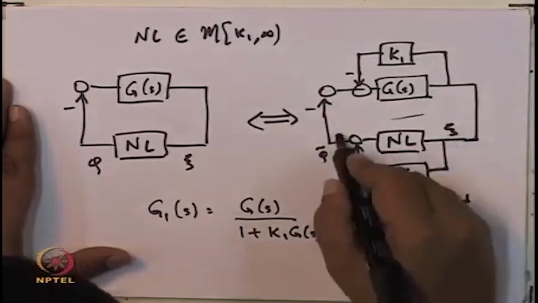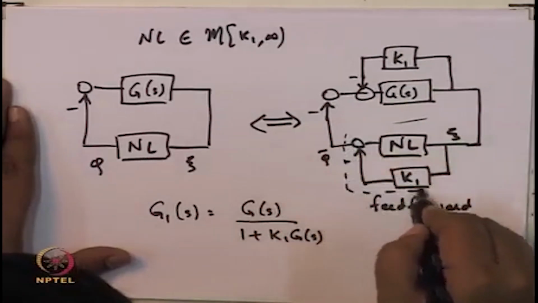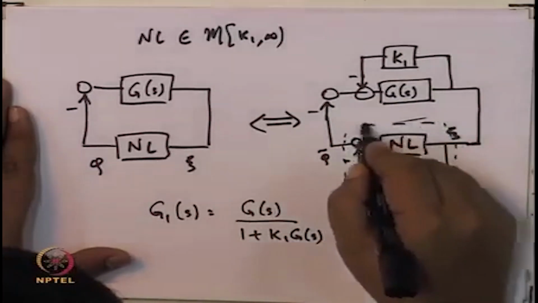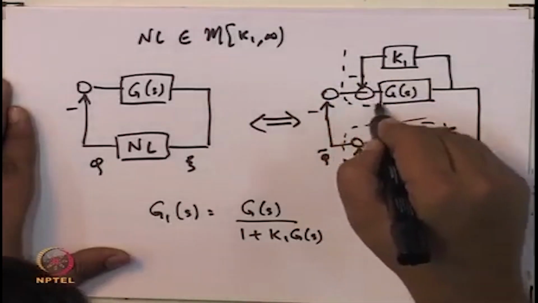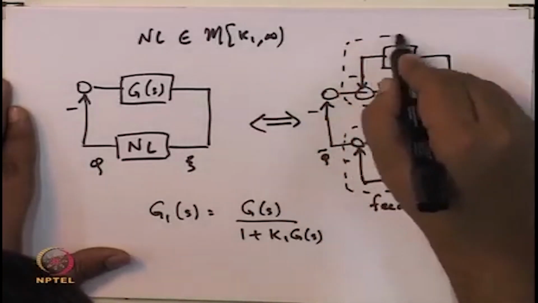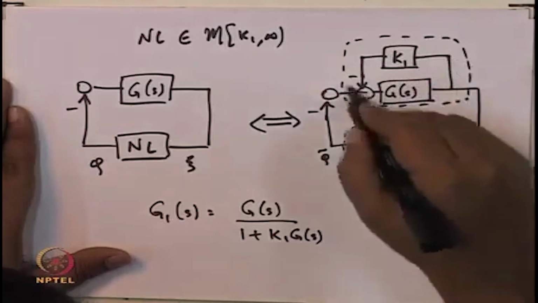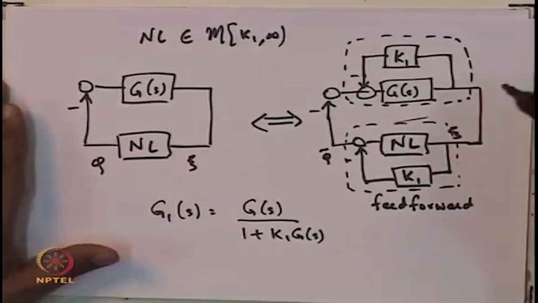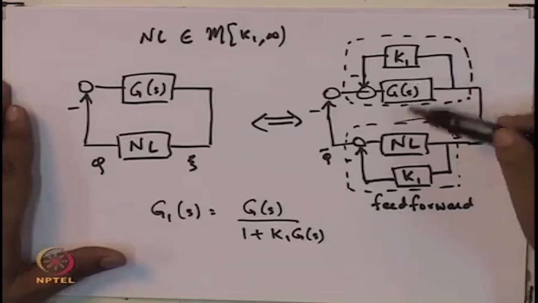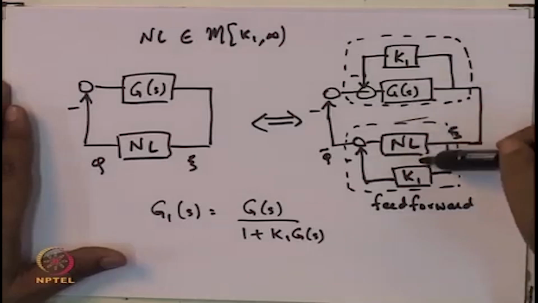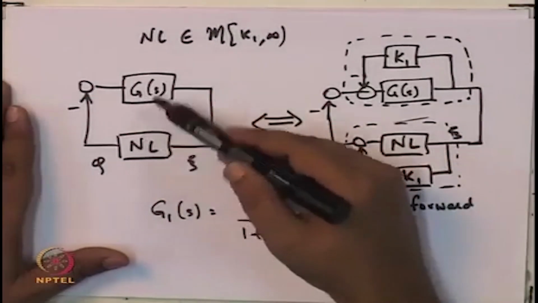The new nonlinearity is what is inside this dotted box that I am putting, along with this new linear plant, which is what is there in the dotted box there. This combination is exactly the same as this combination.